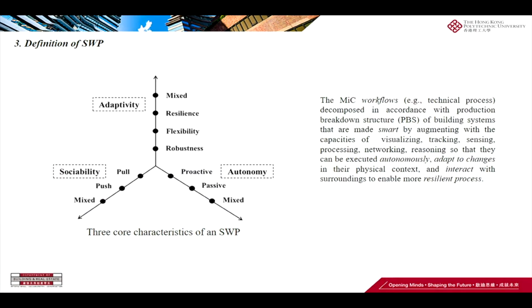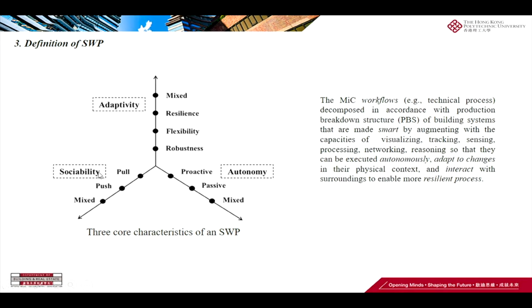So regarding the limitations of the studies in constraint management, we developed the smart work packages. It has three characteristics. First, adaptivity. Adaptivity means that the package could automatically deal with issues and adapt to the environment.